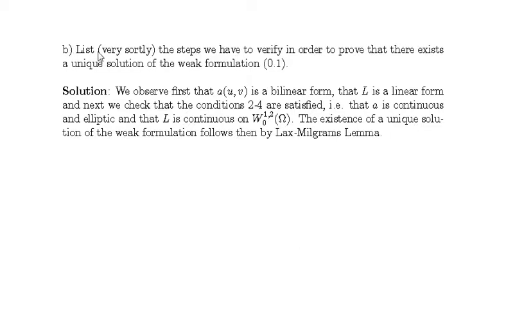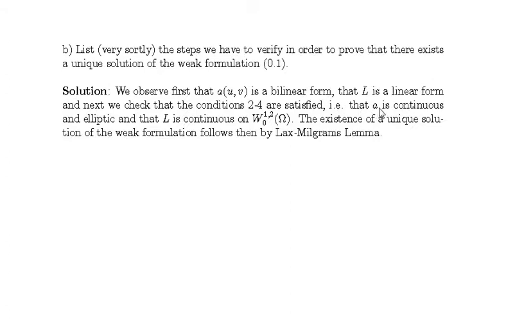Next, we are asked to list very shortly the steps we have to verify in order to prove that there exists a unique solution of the weak formulation, which we called 0.1. The way of doing this is just to observe that A of u v is a bilinear form, that L is a linear form, and next check that the conditions 2 to 4 are satisfied.